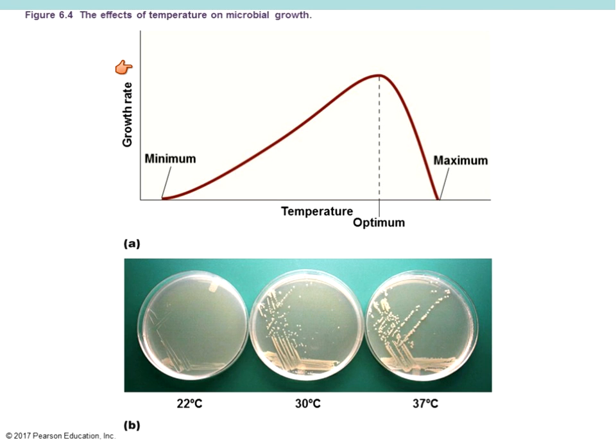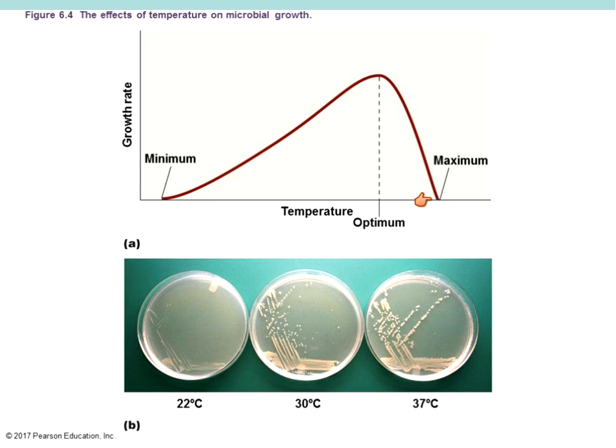But it's just a generic graph, as the growth rate increases on this side, the highest point of it, the highest amount of growth rate, is going to happen at a particular temperature here. And we consider that the optimal growth temperature. Whereas you may have a little bit of growth that's happening down here at this lower temperature, and maybe this lower temperature is 22 degrees Celsius. So we'll have a little bit of growth that's happening there.